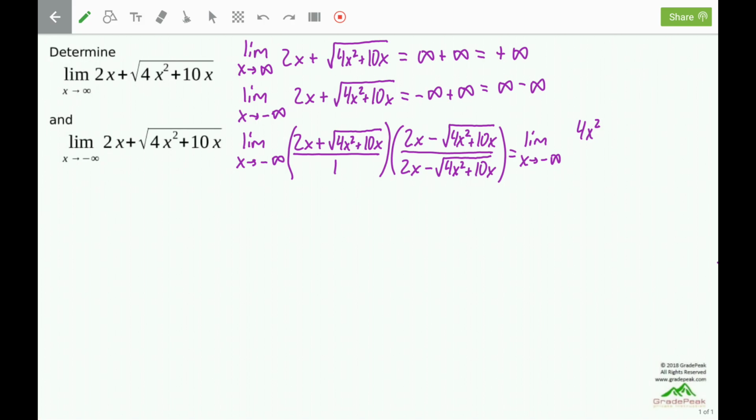Outside 2x times a negative square root, and inside positive square root times 2x, they will cancel each other out. And then last, positive square root times negative square root will give a negative, and square root times square root is square root squared. They cancel each other out, leaving just the 4x squared plus 10x, but it will be subtracting all of it. So we will want to put this inside parentheses with the minus out in front of it. Divided by, in the denominator, 1 times the conjugate will just be the conjugate.